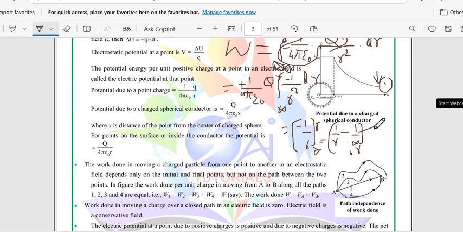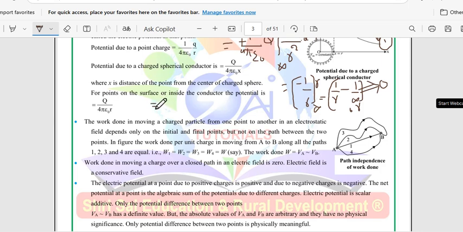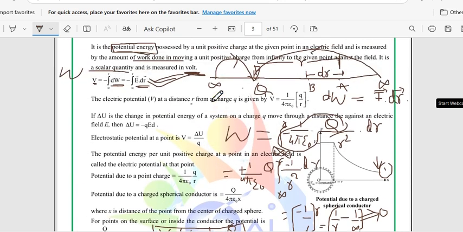So 1 divided by infinity goes to 0. Then the total work done in bringing the unit positive charge from infinity to that point becomes 1 divided by 4 pi epsilon naught into the charge Q divided by R. This is the expression. This total work done is called the electric potential at point P.